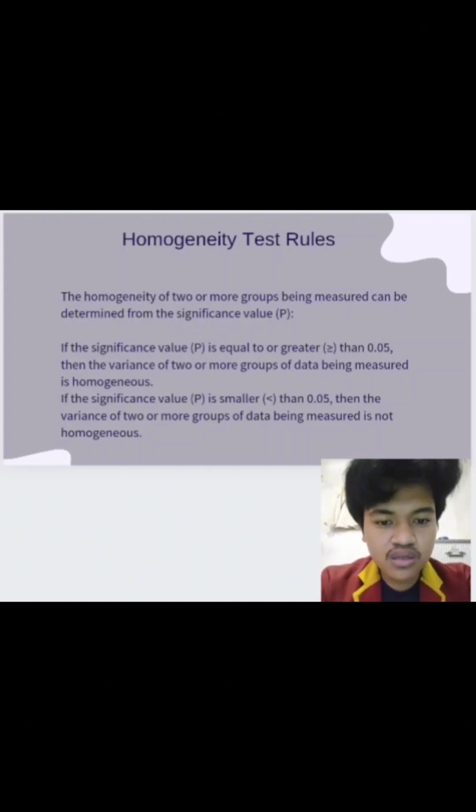If the significance value is smaller, then the variance of the two or more groups of data is not homogeneous.